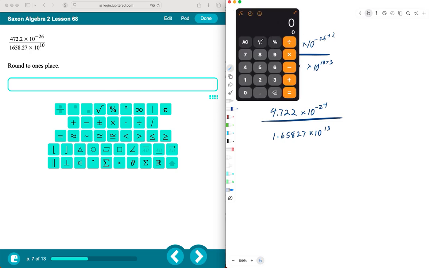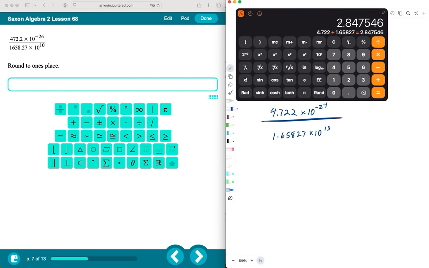Calculator. 4.722 divided by 1.65827. All right, I'm going to lengthen that if I can. So my answer is going to be 2.847546 times 10, and when I bring this up here, that's going to be negative 37.